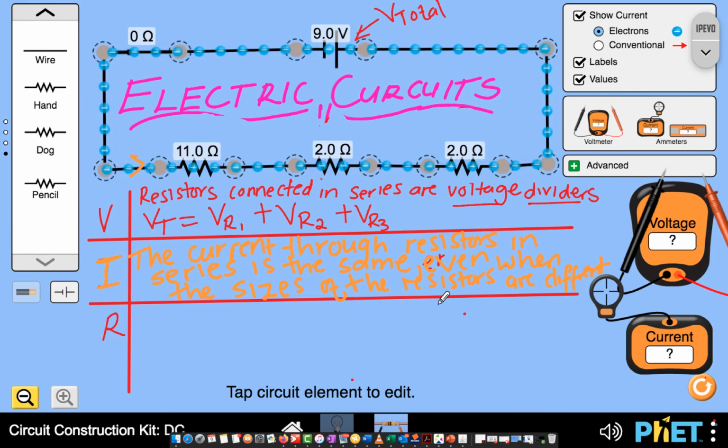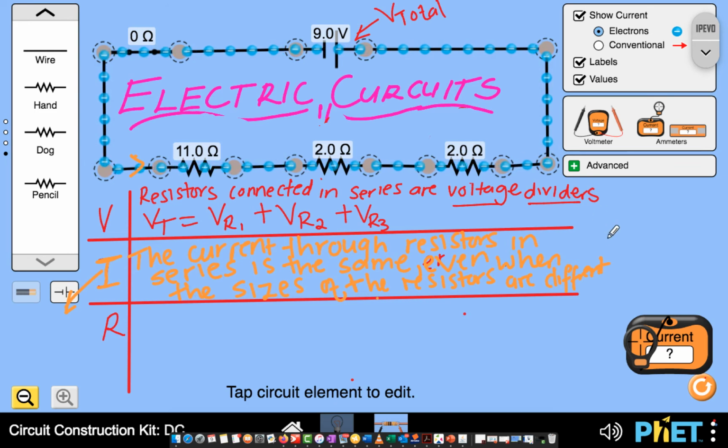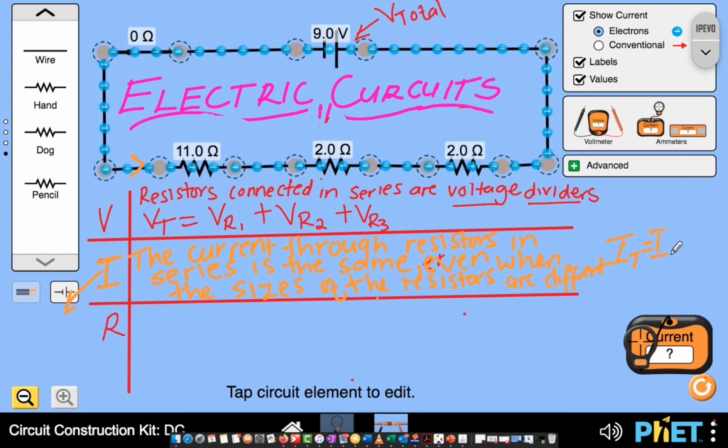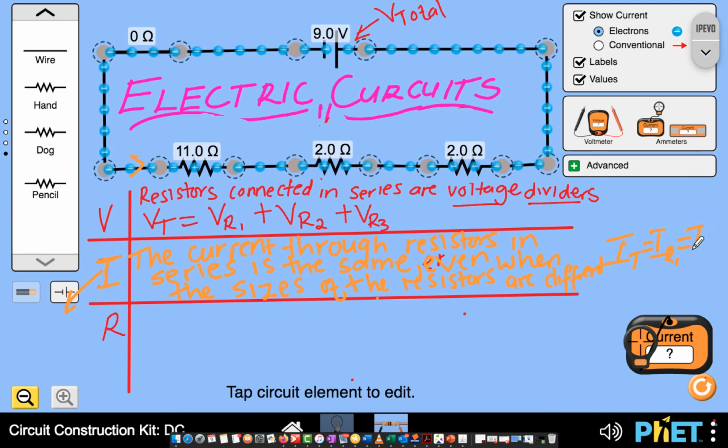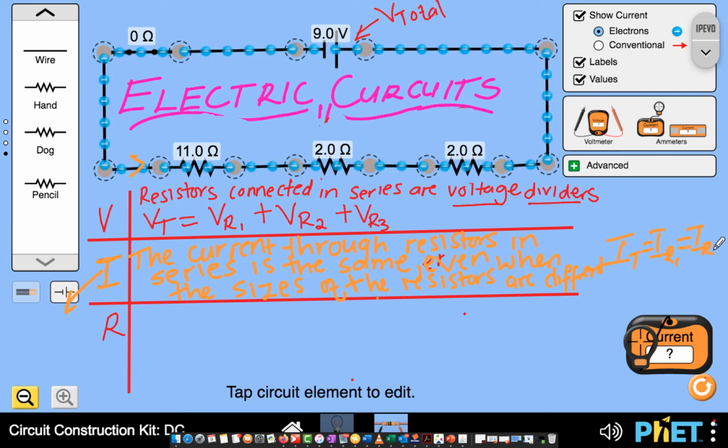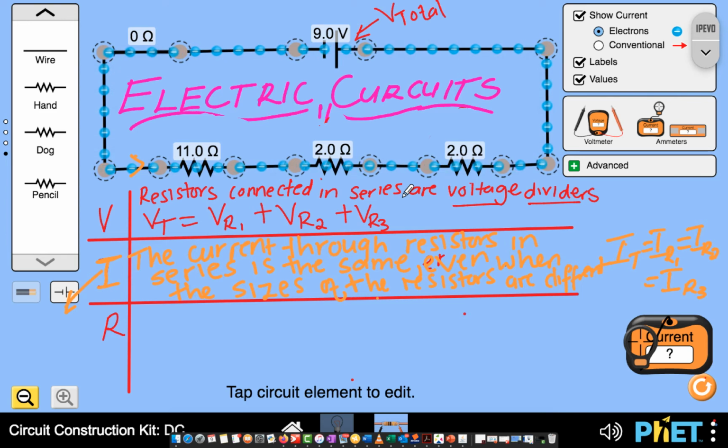Okay, before I move on to resistance, that simply means that the total current is equal to current through resistor 1, which is equal to current through resistor 2, and it's also equal to current through resistor 3. Great. Now let's move on to resistance.